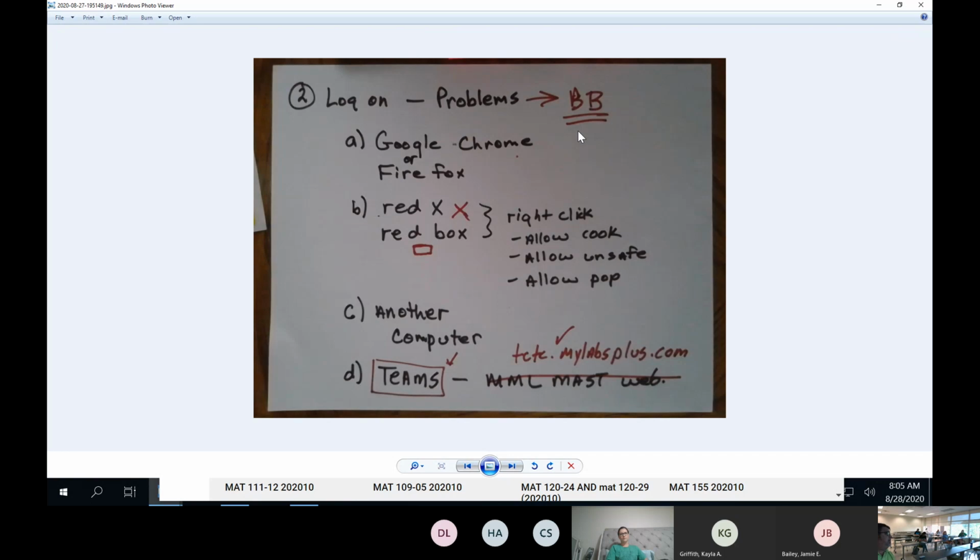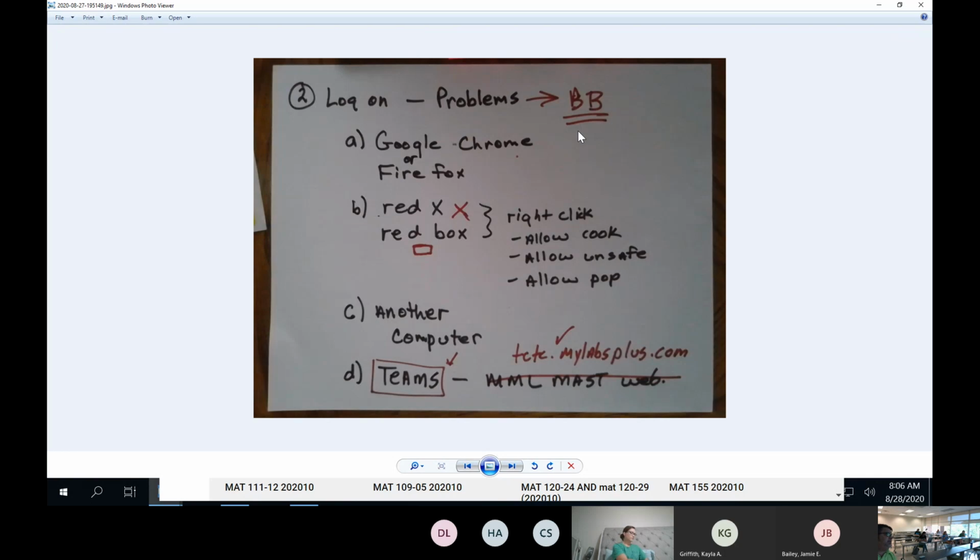That's why I gave y'all the website to go to. I also have put it in Teams, where the files are up to the right. It says one other. That's MyLabs Plus. You can go through Teams. But one of the things I tell students is make sure you're using Google Chrome or Firefox.